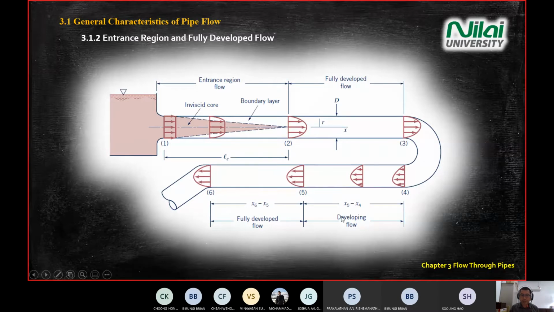This phase is called developing flow, and then at the end, you still reach a fully developed flow. Okay, so this is quite direct. It's only a definition of certain words that we use for chapter 3: entrance region, fully developed, developing, and fully developed again. Okay.